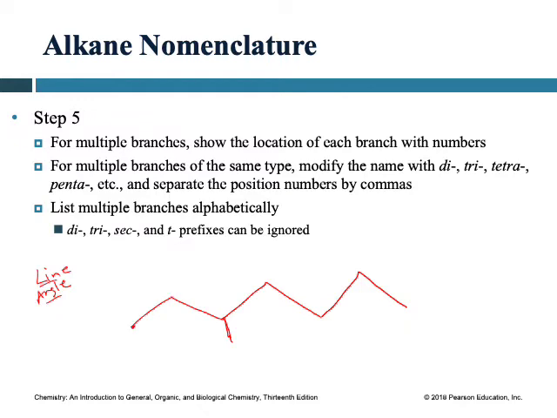So each free end is a carbon, and each corner is a carbon. You have to apply the same rule. Pick the longest chain. So you can start from here, 1, 2, 3. You can go up and write 4, but we can already see that we have more carbons if we go straight, so we don't have to go up. So this is 4, this is 5, this is 6, this is 7. So we cannot have more than 7.